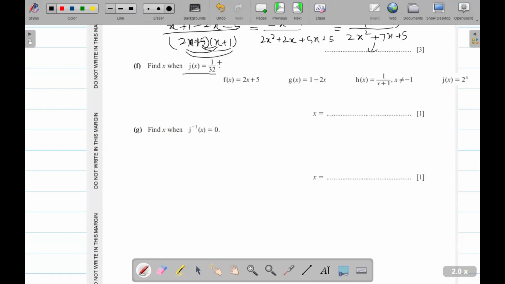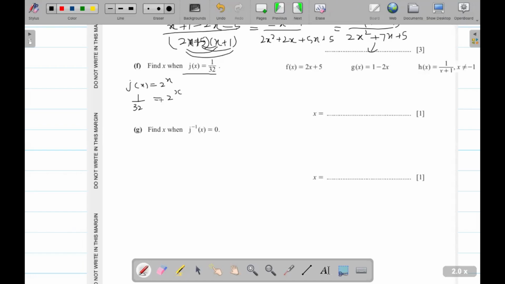Find x when g of x equals 1 over 32. Here the g of x value is 2 power x, and we can calculate the value of x. If we substitute, g of x is 1 over 32, and this will be equal to 2 power x. We can write 32 as 2 into 2 into 2 into 2 into 2, so 1 over 32 is 1 over 2 power 5, and this will be equal to 2 power x.